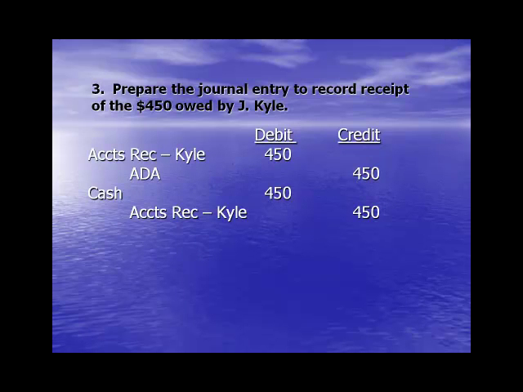That's accounts receivable Kyle debit and credit allowance for doubtful accounts. So we're taking the amount out of the allowance and putting it into accounts receivable. Remember, allowance for doubtful accounts is a contra asset account, with a normal credit balance, found in the current assets section of the balance sheet alongside accounts receivable. After we reinstate the receivable, then we debit cash $450 and credit accounts receivable $450.